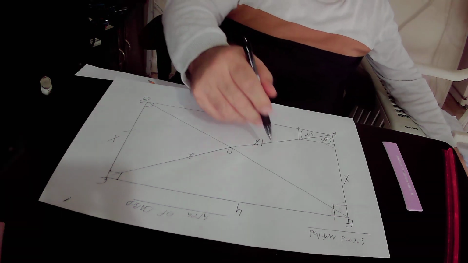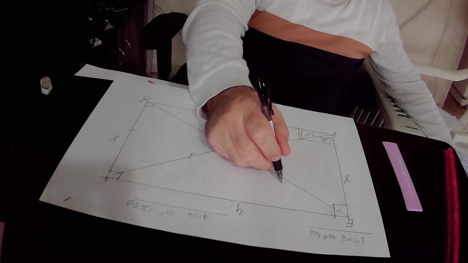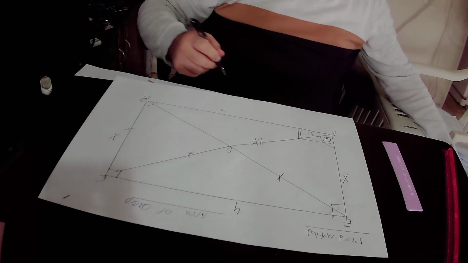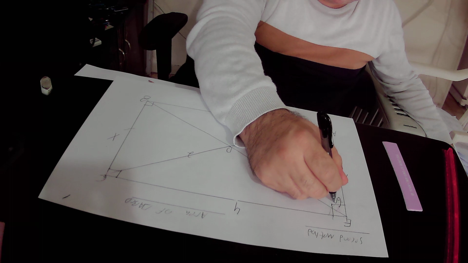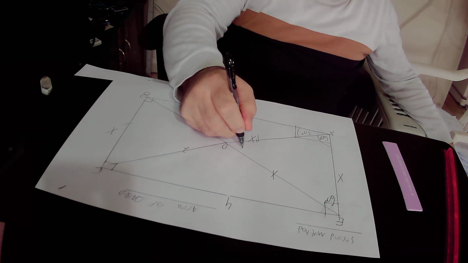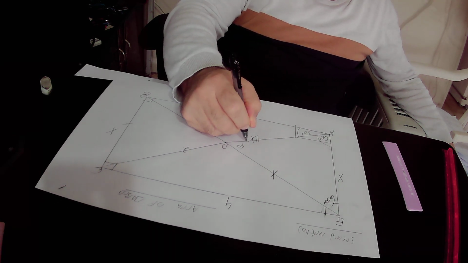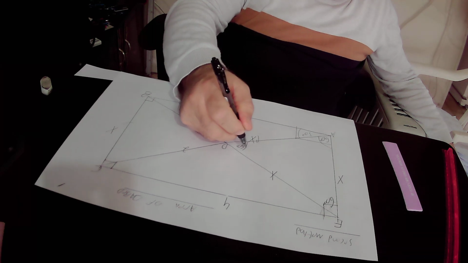So here ED equals x. This angle equals 60 degrees. This angle also equals 60 degrees because triangle EAD is an equilateral triangle.